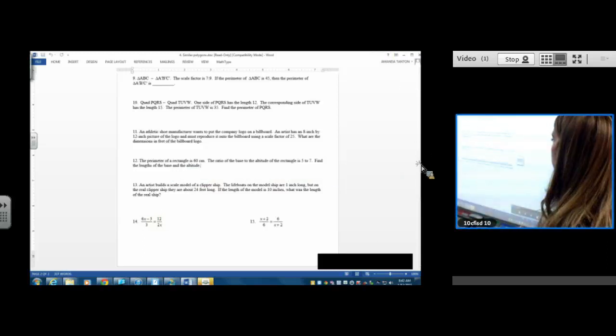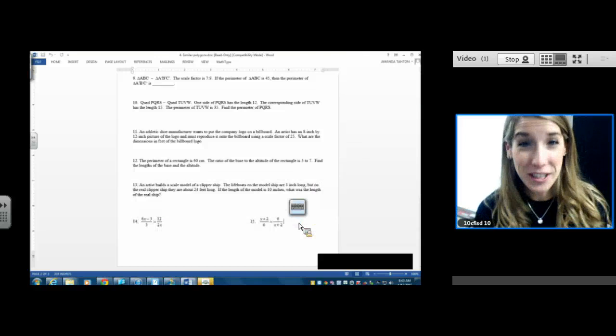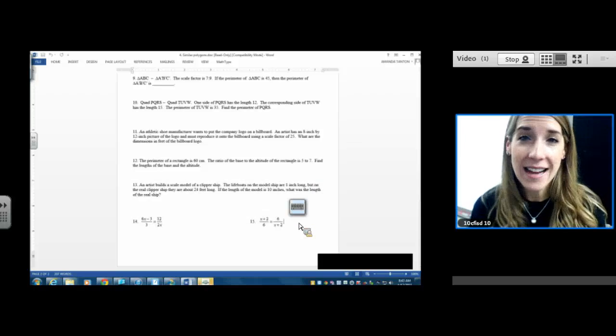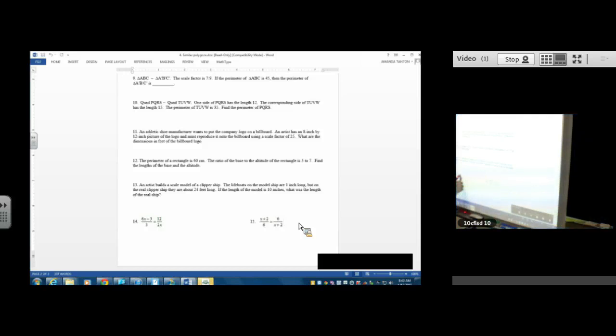Okay, last one is number 14. When we see a proportion like that, we're going to cross multiply. That is how you solve proportions when you're missing a variable. So we're going to do 3 times 12 equals, and I'm going to write out the step that I normally don't write out.